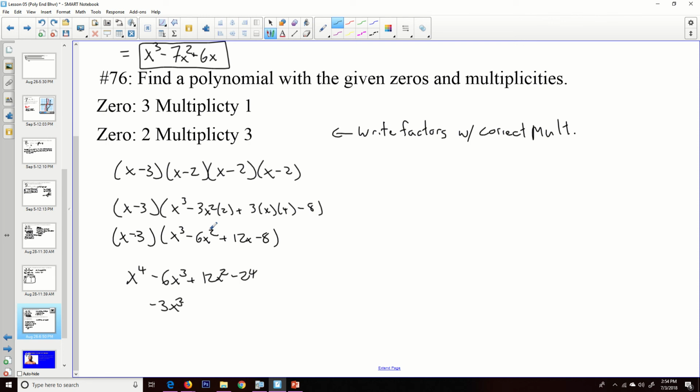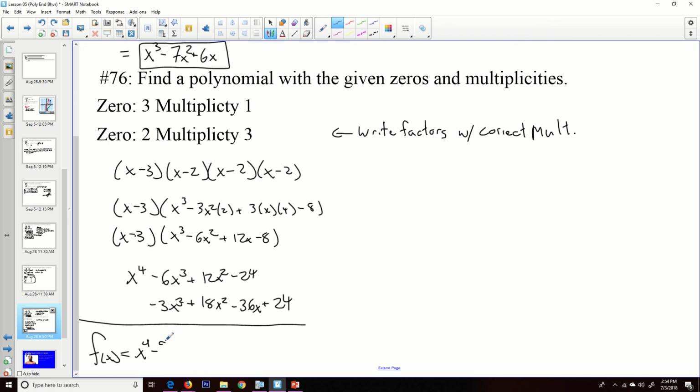Negative 3 times negative 6x squared is positive 18x squared. Negative 3 times 12x is negative 36x. And then negative 3 times negative 8 is positive 24.